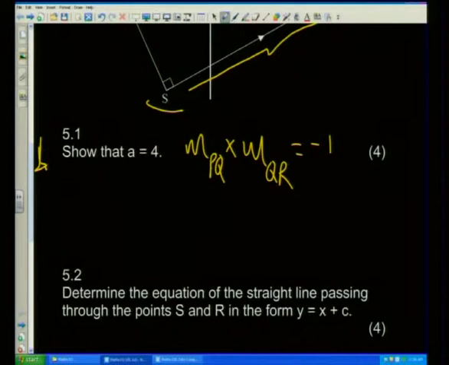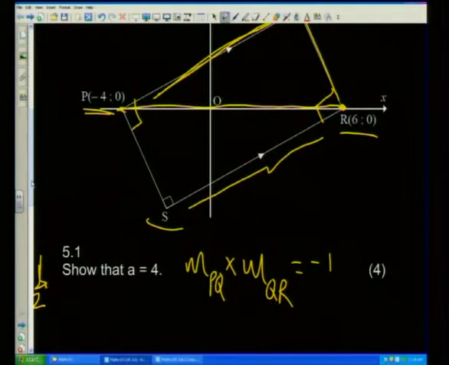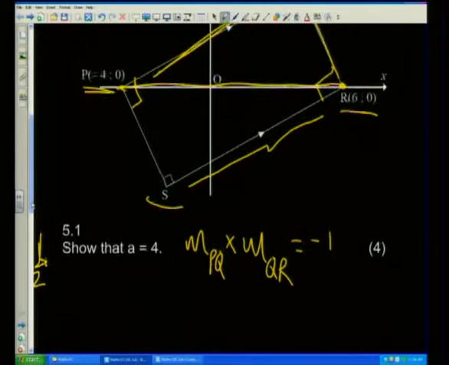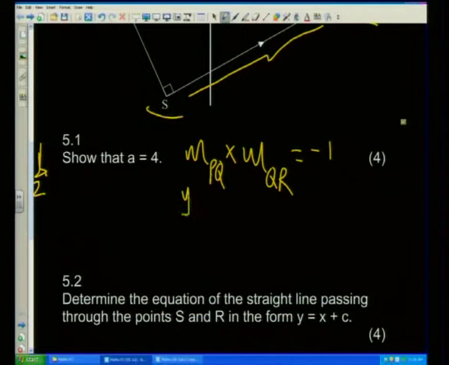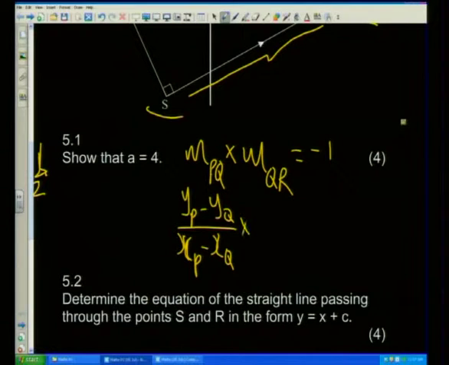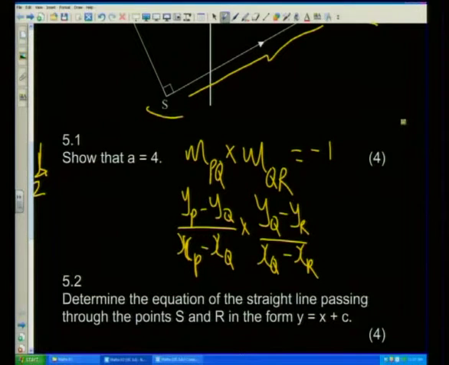The slope we find by saying the y at P minus y at Q divided by the x at P minus x at Q. We multiply that by the y at Q minus the y at R divided by the x at Q minus the x at R. That product must give you -1.